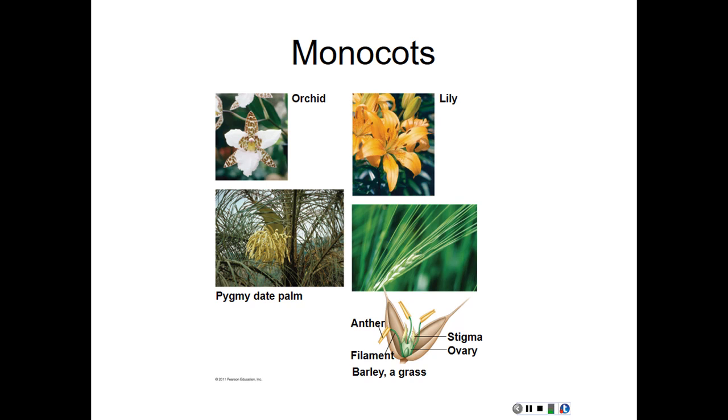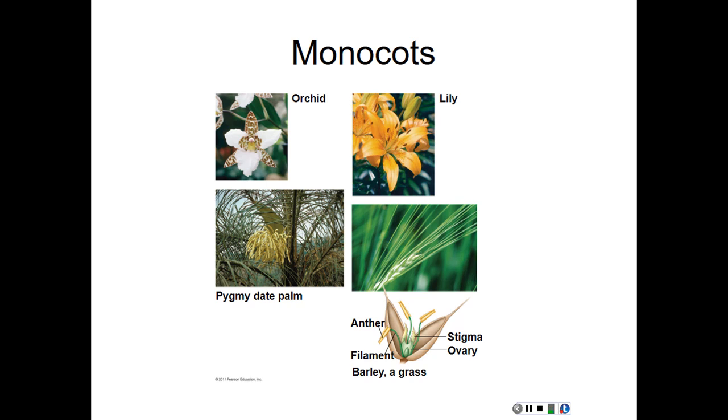Other things we see in the monocots are parallel leaf venation. That means their leaves, if we look at them, the veins in the leaves run parallel. We also often see floral parts in multiples of 3.